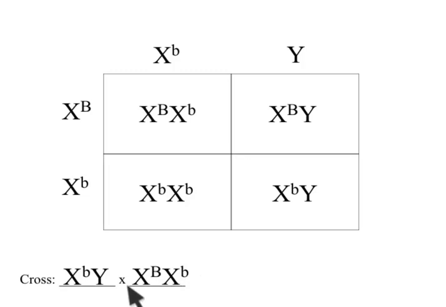So now we just separate those alleles, seeing that the female could produce gametes with either the dominant or the recessive X, and the male can produce gametes with his X chromosome that has the recessive or the Y chromosome. As we look at the pairings through to the offspring, we will notice that this female is going to be a carrier.